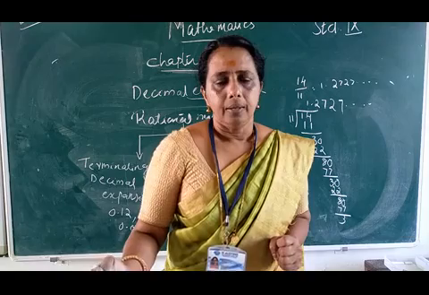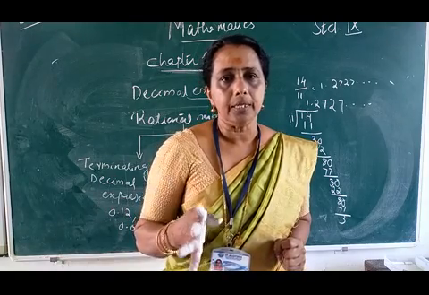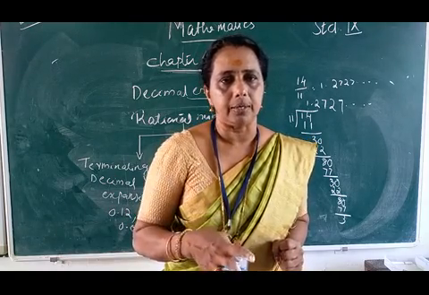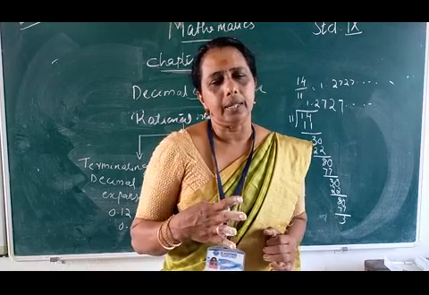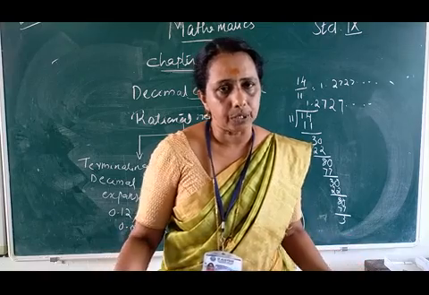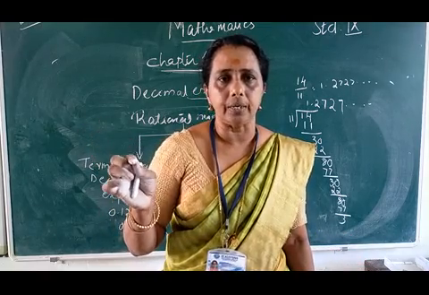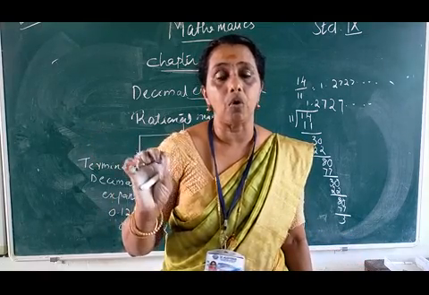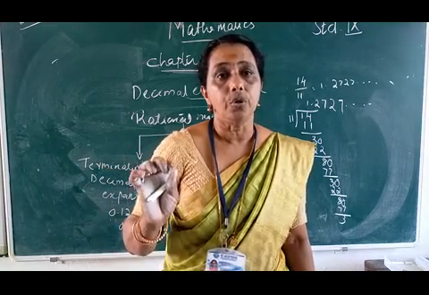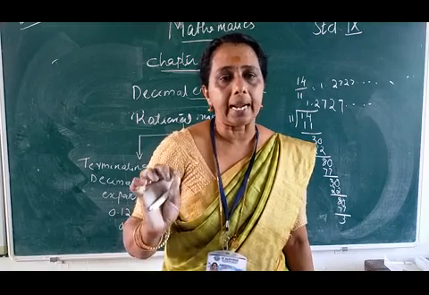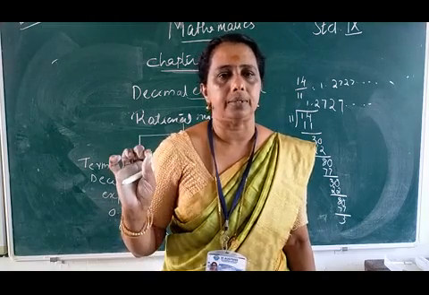That type of decimal expansion is called terminating decimal expansion. In the second case, in the division, the remainder never becomes 0, and in the quotient, one digit or a block of digits is repeating. That type of decimal expansion is called non-terminating recurring decimal expansion.